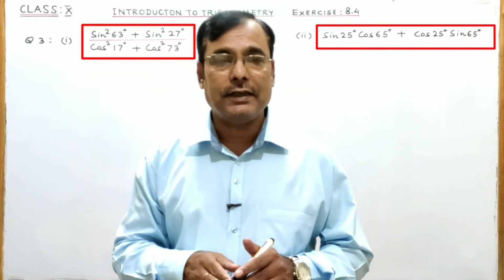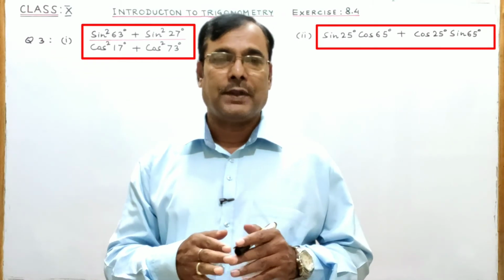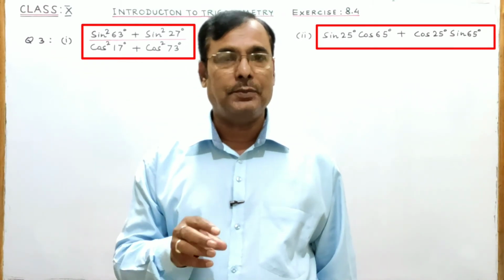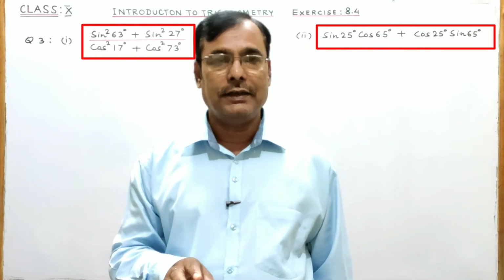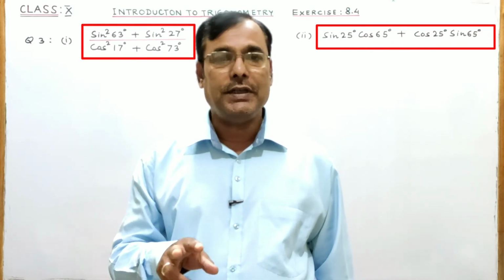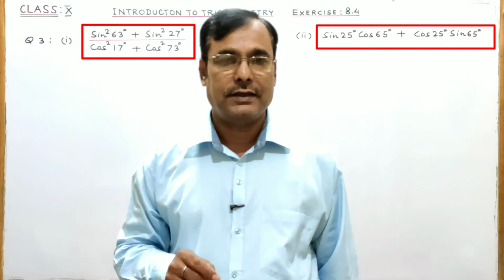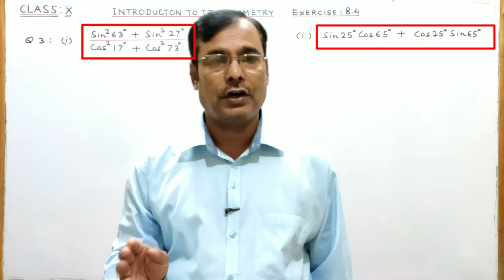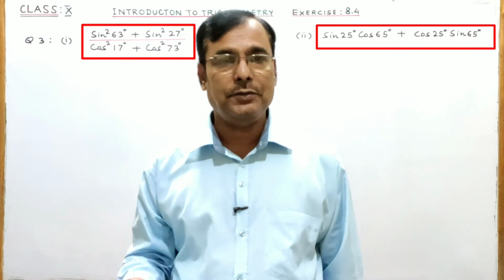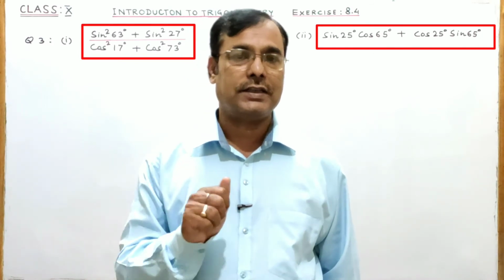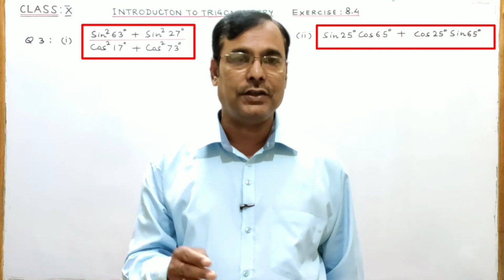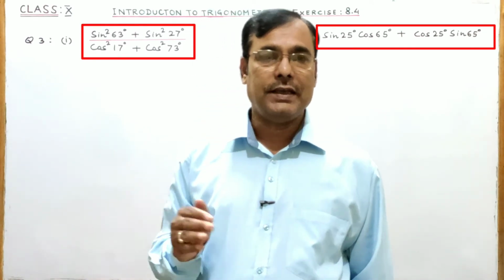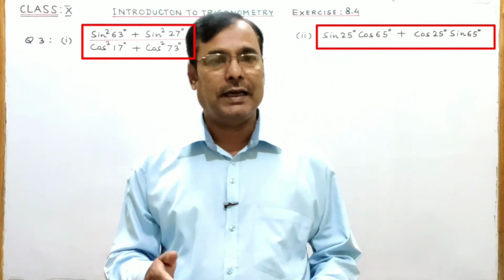If in a right angle triangle, if you remember, we had already discussed, here also I will give you one example. Suppose in a triangle A and B are two acute angles. Then we had discussed that sin A is equal to cos B and sin B is equal to cos A. Similarly, tan A is equal to cot B and cot A equal to tan B, like this.